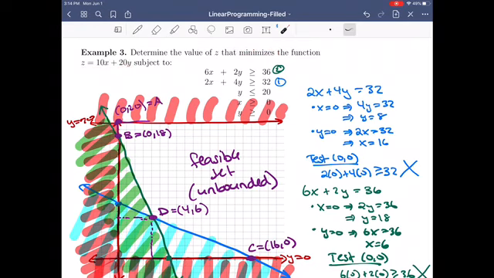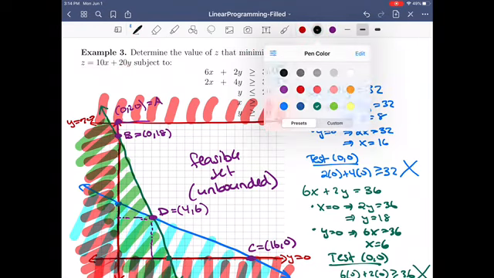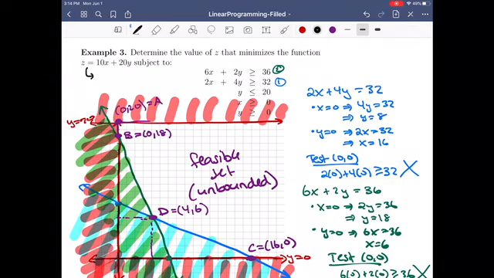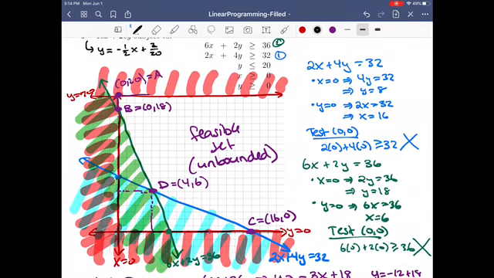If we rewrote this, it's going to be y equals negative 1/2 x plus z over 20. So as z changes, the slope of negative 1/2 looks like this. These are going to be what our isoprofit lines look like.